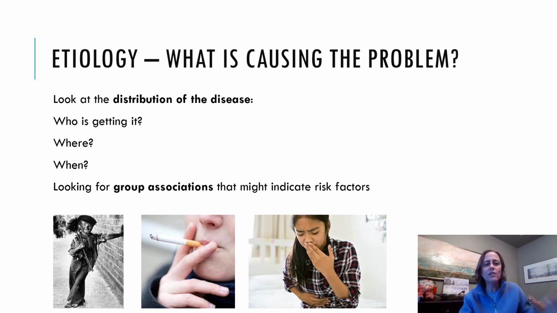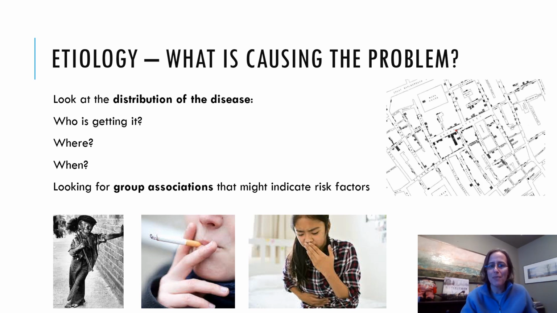And so this looking at the distribution of disease, this might remind you of something you've already learned about, which is of course the ghost map from John Snow. So this was the founding father of epidemiology, looking at patterns of disease in a population to try to identify the cause and then identify potential solutions.